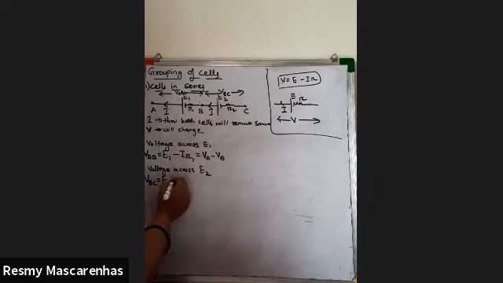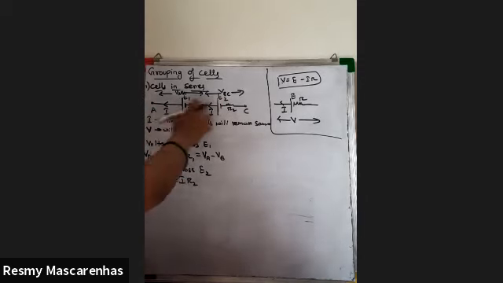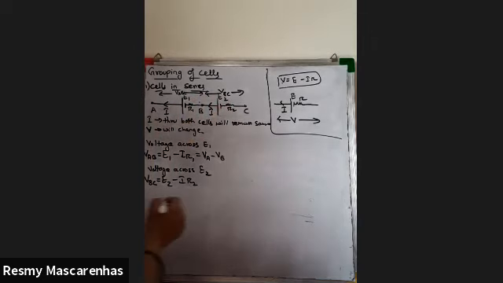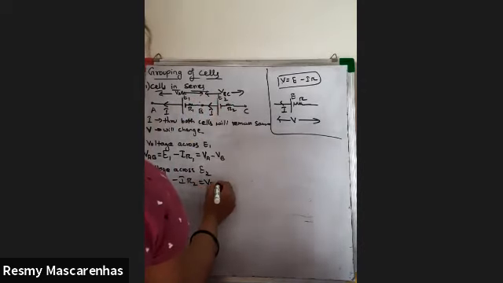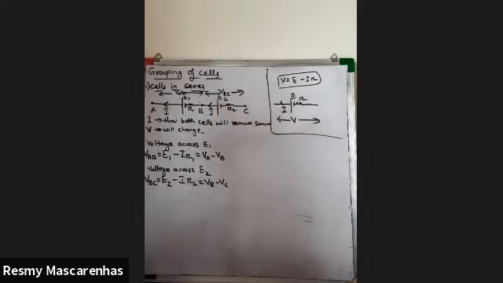E2. E2 minus IR. Current is the same, but the resistors have a different internal resistance. Which I can write as VB minus VC.